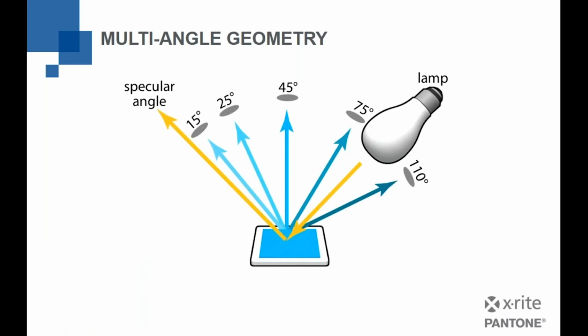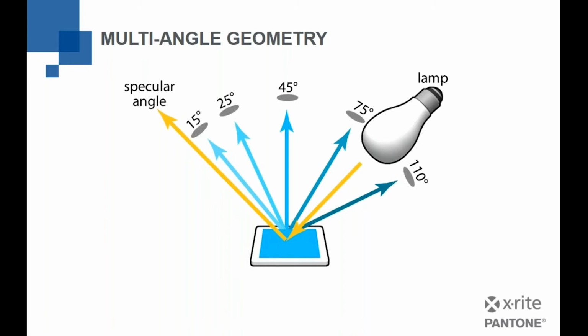Finally, we talk about something called a multi-angle geometry, and it's specifically designed, and you'll see when we talk about effect finishes, to measure color at more than one angle. So this instrument, like a 45-0 instrument, has a lamp with a lens that's focusing light at a specific angle. It's at 45 degrees to perpendicular for the sample.